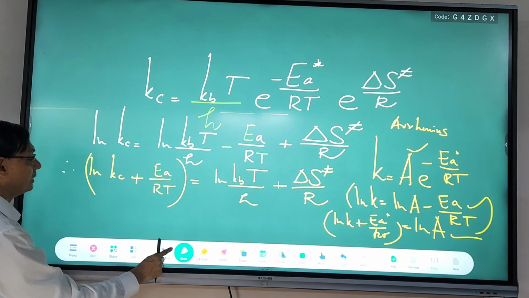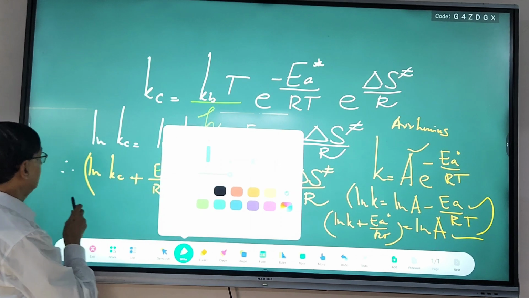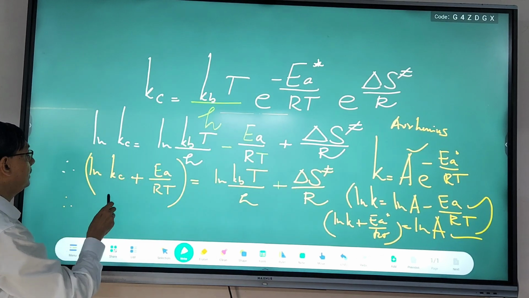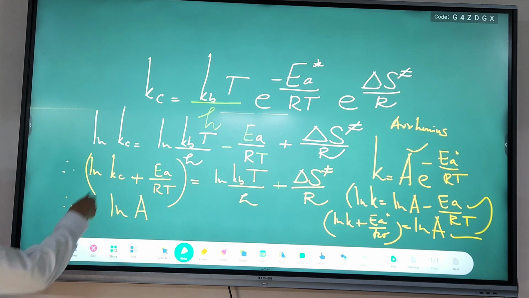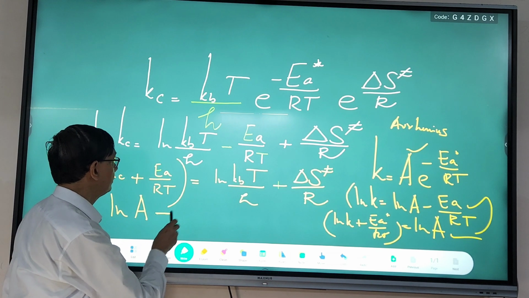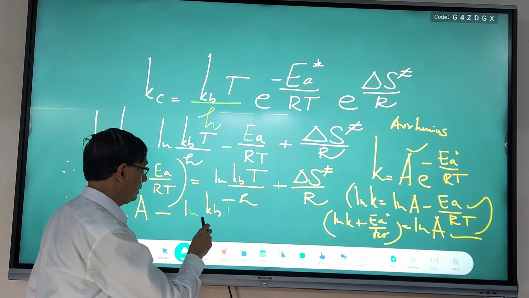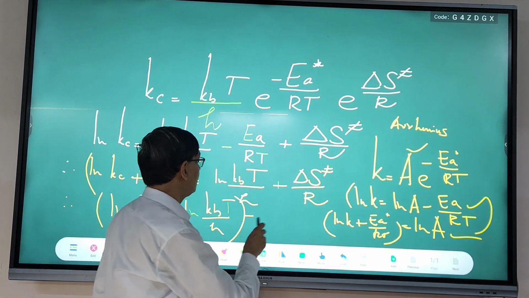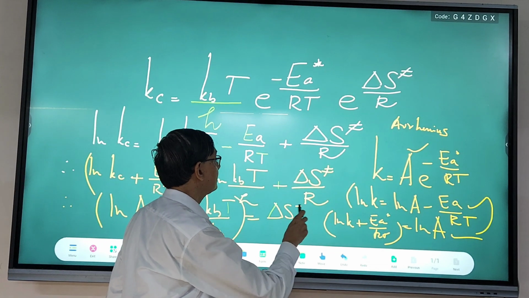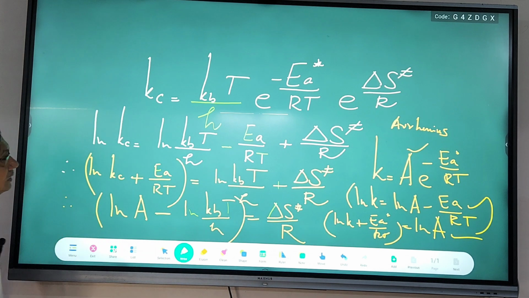So the last equation is that: natural log of A minus natural log of K_B T by h is equal to delta S by R. So by that method, you can calculate the delta S.